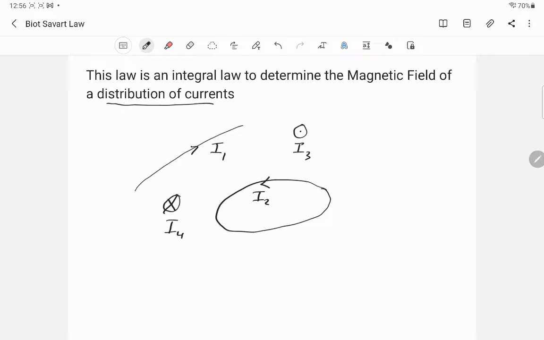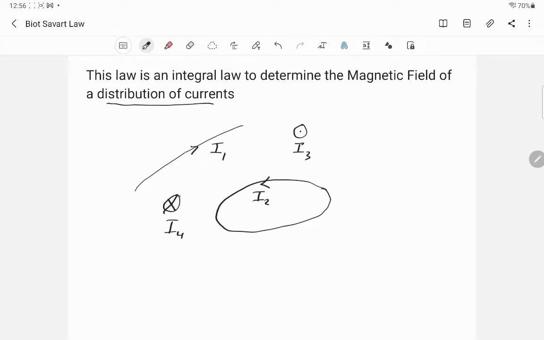Currents run through space from one place to another along some interesting line or shape. Like this is a cycle, it could be a circle or something. These are straight line currents, I3 and I4. I3 headed out, I4 headed inwards.